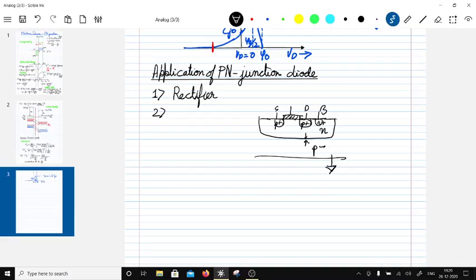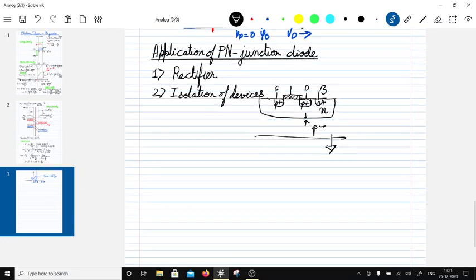And even in case of an n-well process, NMOS, again there is going to be a depletion region, which is because of the reverse bias. This depletion region is going to isolate the device from the bulk. So this is used for isolation of devices.